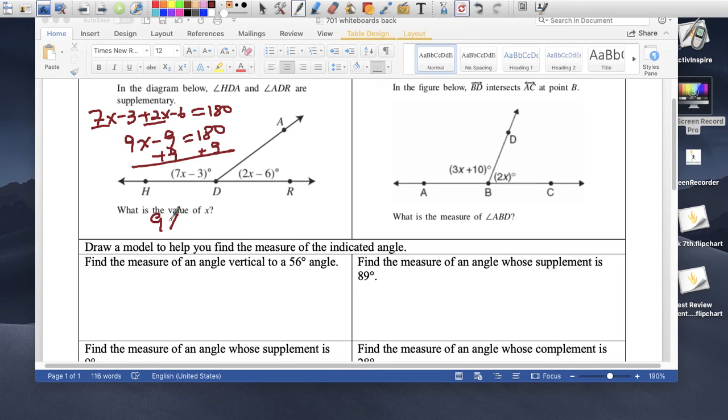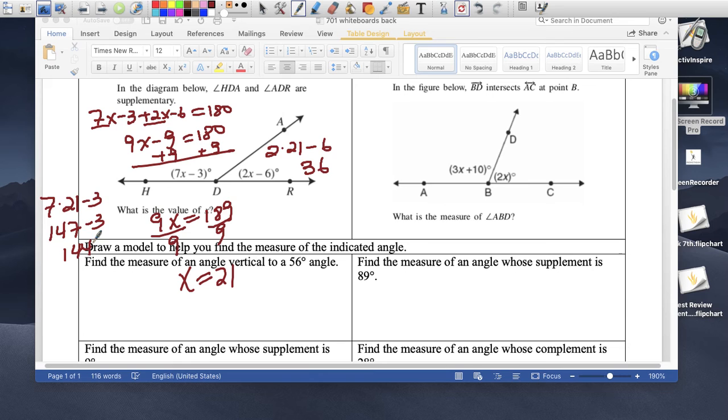And you're going to get 9x equals 189. Divided by 9, divided by 9, and x equals 21. Okay, so you can go back here, and you're going to get 2 times 21 minus 6. 2 times 21 is 42. 42 minus 6 is 36. So this is 36. This one is 7 times 21 minus 3, which is 147 minus 3, which is 144. So this angle is 144, and this angle on this side is 36.